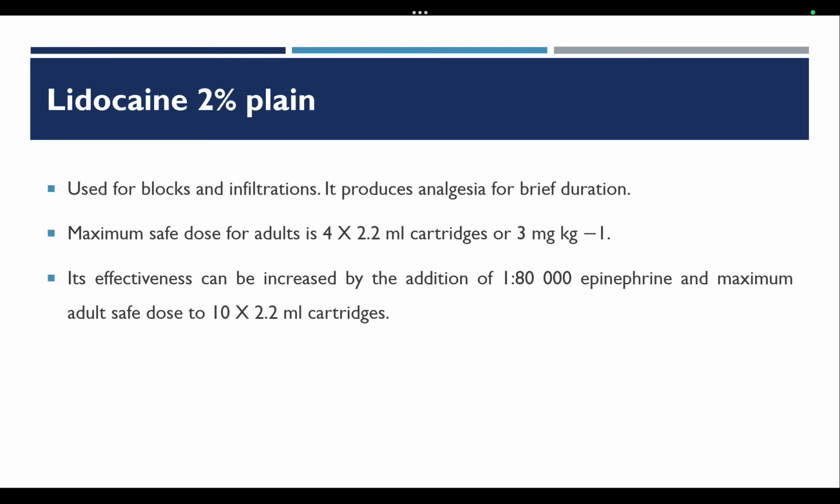Lidocaine's effect can be increased by the addition of 1 to 80,000 epinephrine, and the maximum adult safe dose is 10 cartridges of 2.2 milliliter cartridge with epinephrine. Without epinephrine it is only 4 cartridges.